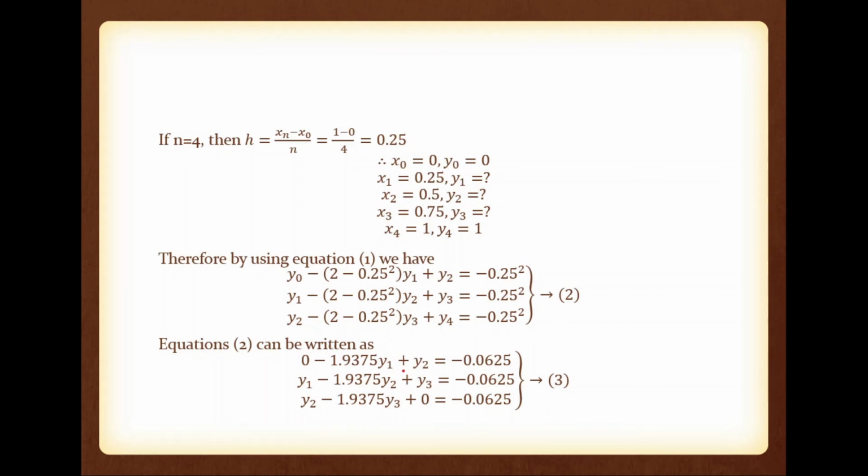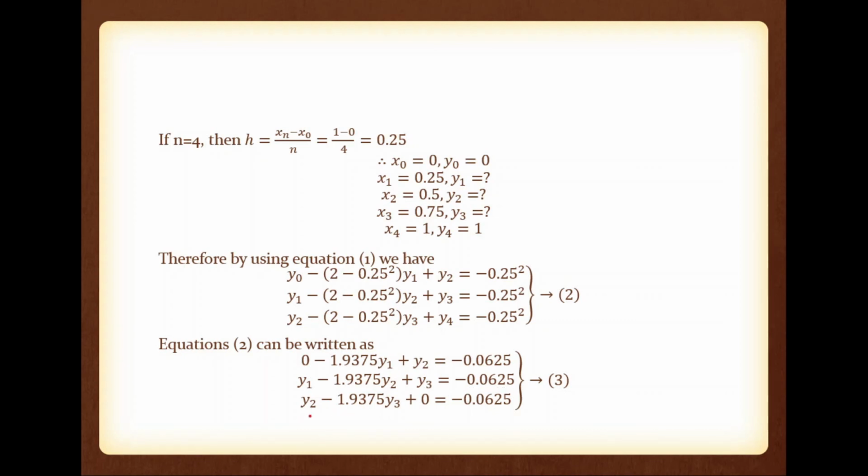We have three unknowns, y1, y2, y3. In the first row we have minus 1.9375, 1, 0, and there is no y3, so 0, and the last element is minus 0.0625. The second row is 1, minus 1.9375, 1, minus 0.0625.